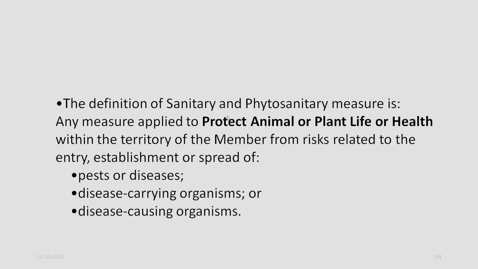Basically, it is any legal measure that is applied to protect animal or plant life or health within the territory of that member state from the risks related to either the entry of these products, or the establishment or spread of pests, or disease carrying organisms, or disease causing organisms.